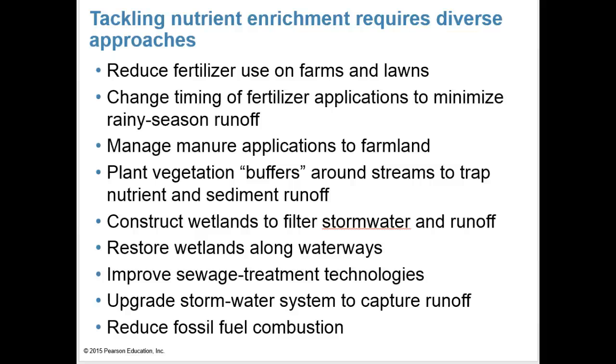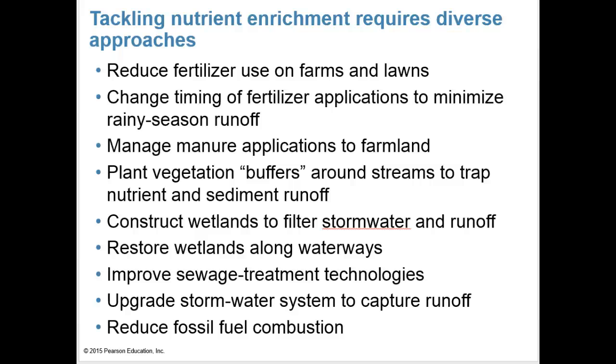Here are some ways to tackle nutrient enrichment, and it would require diverse approaches. Reducing fertilizer use on farms and lawns would cut down on these nutrients. Changing the time of fertilizer applications can minimize rainy season runoff. Managing manure applications to farmland, and growing vegetation buffers around streams to trap nutrient and sediment runoff, also help.